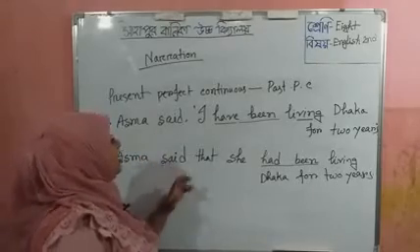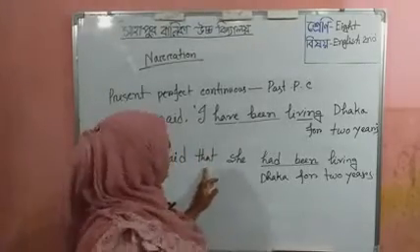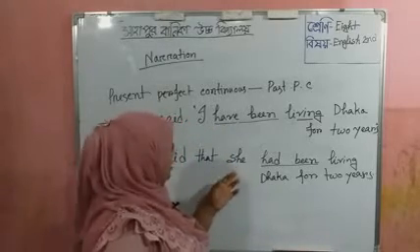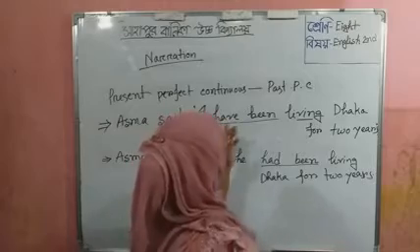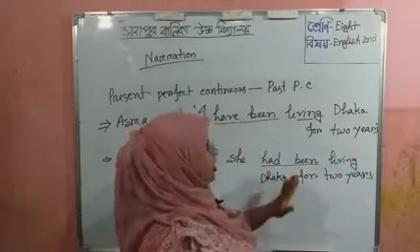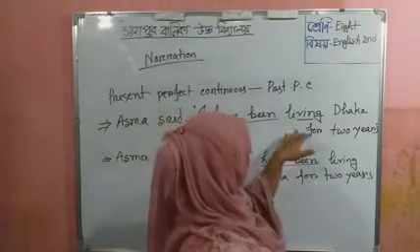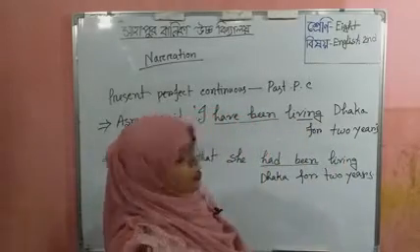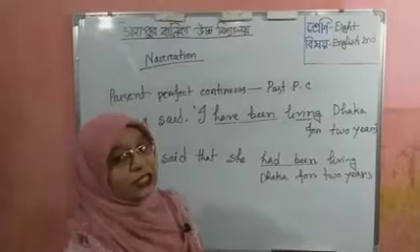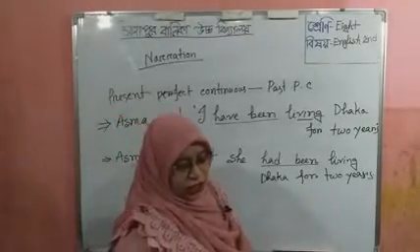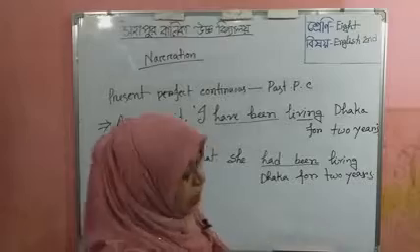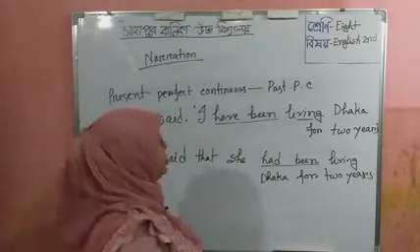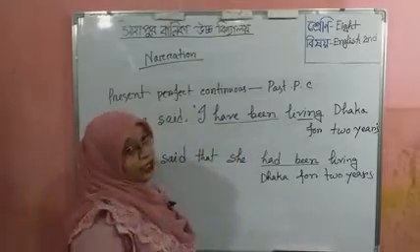"Asma said that" is the connecting word, then "I" changes to "she," "have" to "had," "been" stays the same, and "living" and the other part of the sentence are not changeable. So when we change present perfect to past perfect, the main focus is the auxiliary verb.